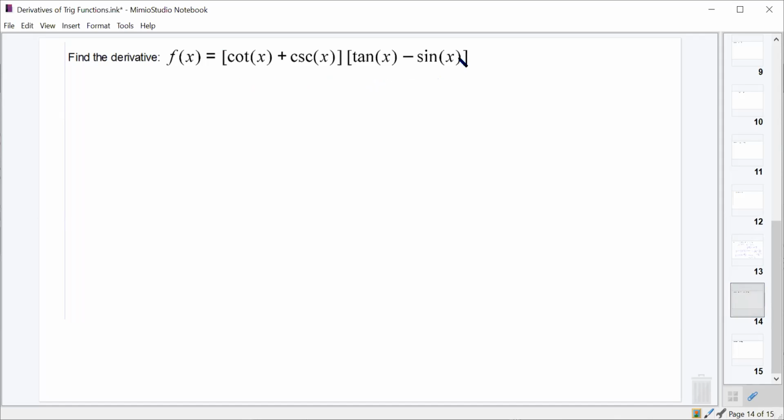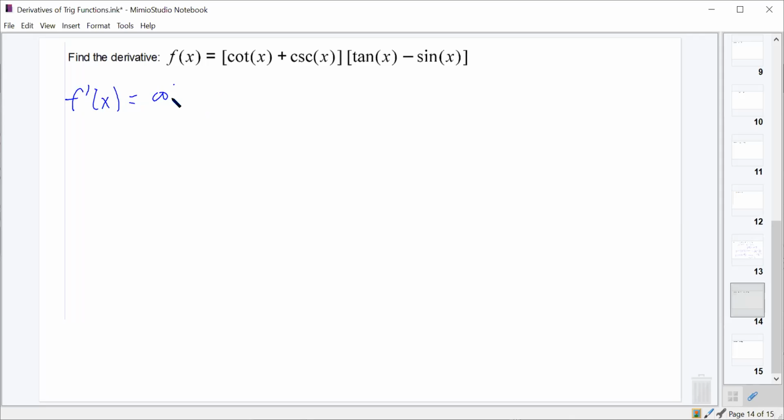But our second option would be to simplify it first, wouldn't it? So who would prefer to simplify first and who would prefer to use the product rule? Product rule, okay. Whatever you say.